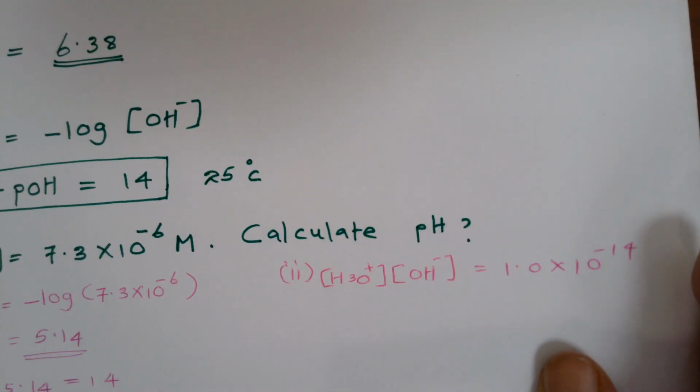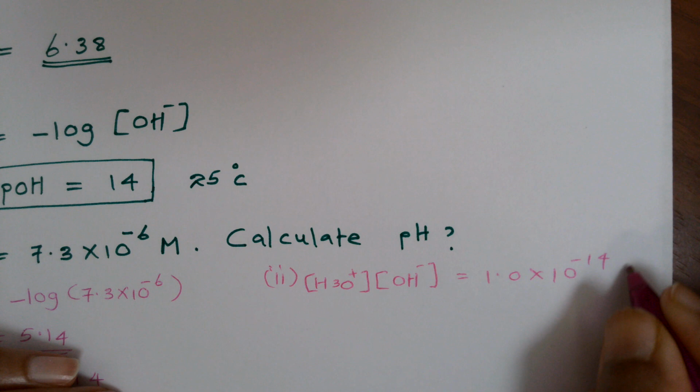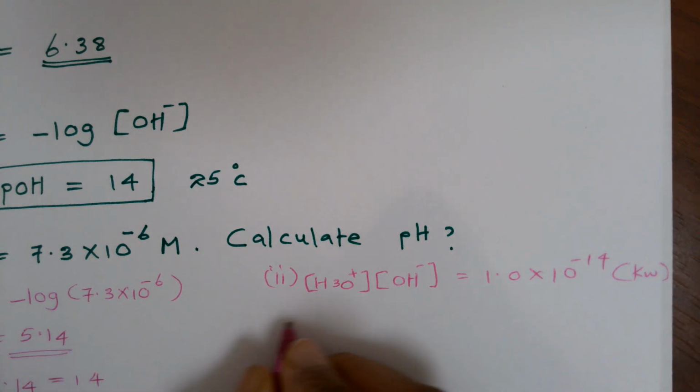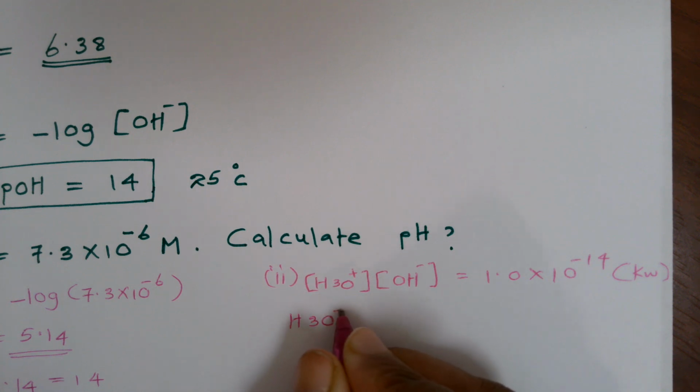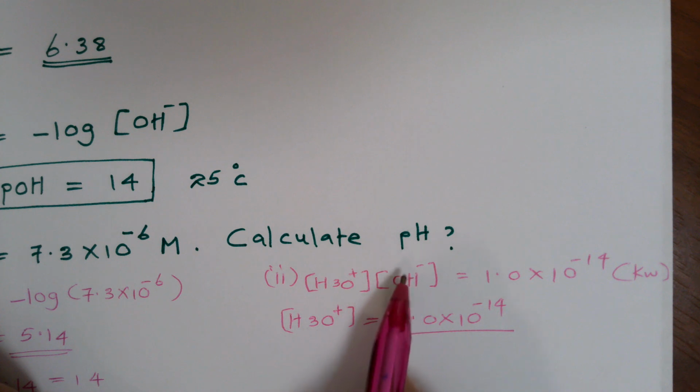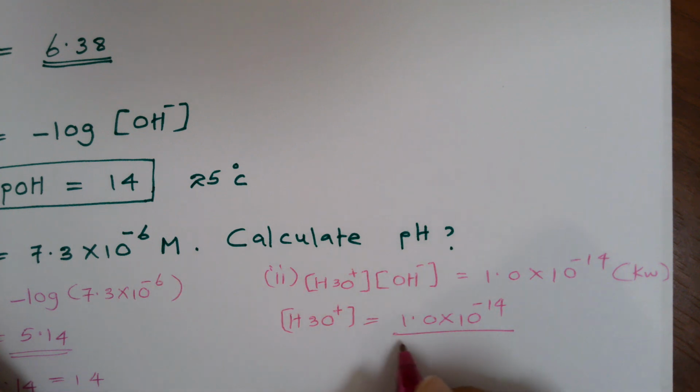We call this Kw, the ion product constant. Now we know the OH- concentration. Then how can we calculate the H3O+ concentration? It is equal to 1.0 times 10 to the negative 14 divided by the OH- concentration, that is 7.3 times 10 to the negative 6.